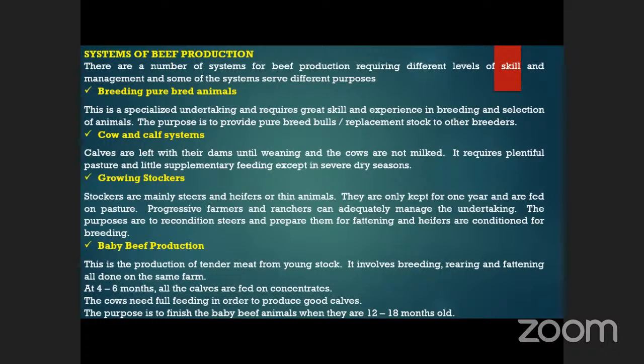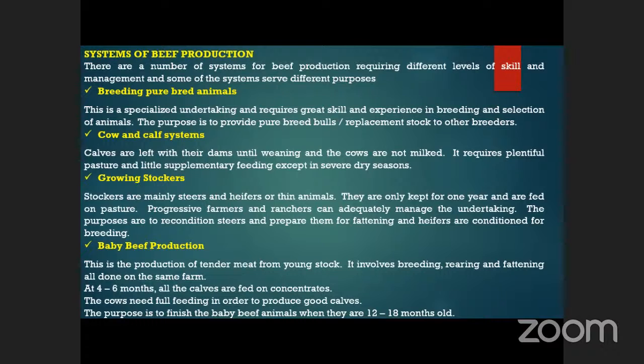The other is growing stockers. Stockers are mainly steers and heifers or thin animals. They are only kept for 1 year and are fed on pasture. You get the young ones, you're preparing them to be stocked on another new farm.